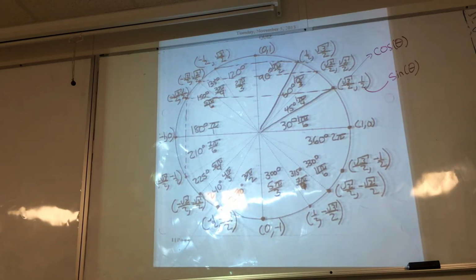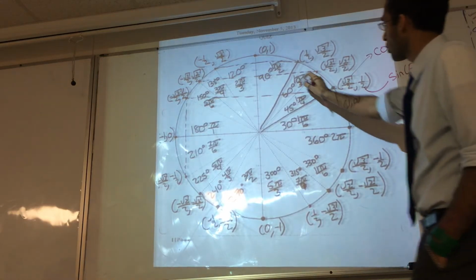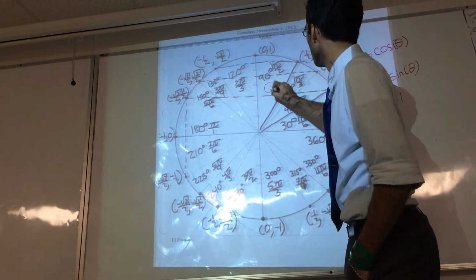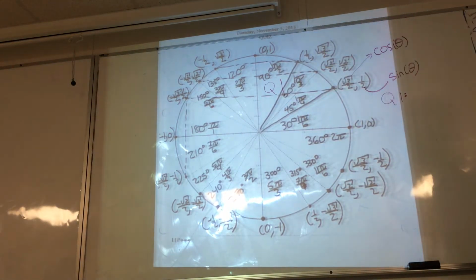Now, there are a few things I want to recognize about what is happening. The first thing is in quadrant 1, Q1 right here. In quadrant 1, I notice that the sine of theta is greater than 0. Why?